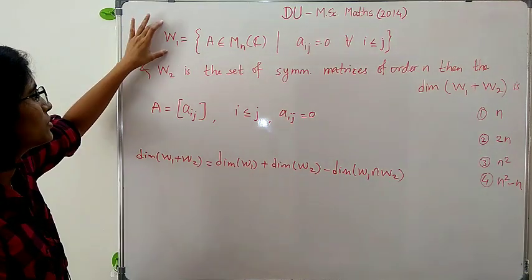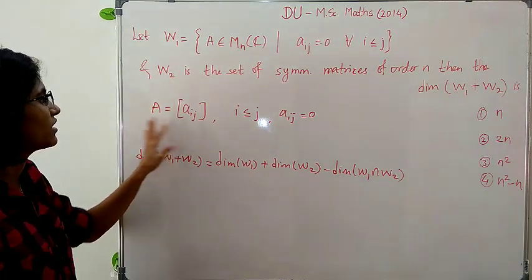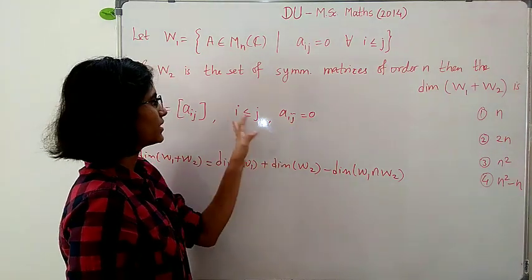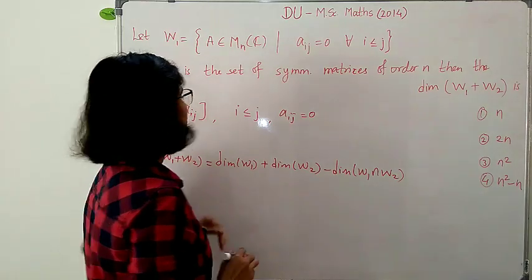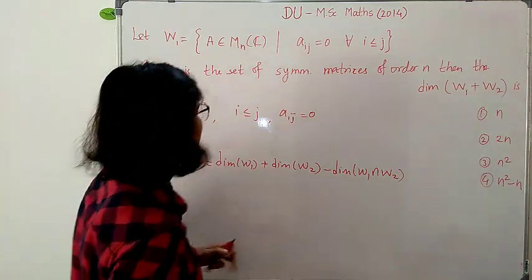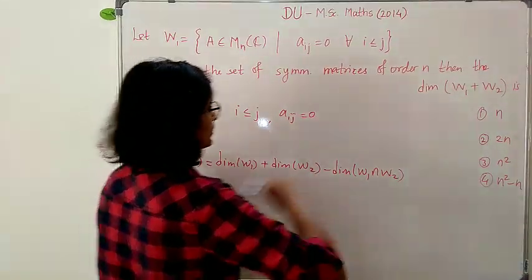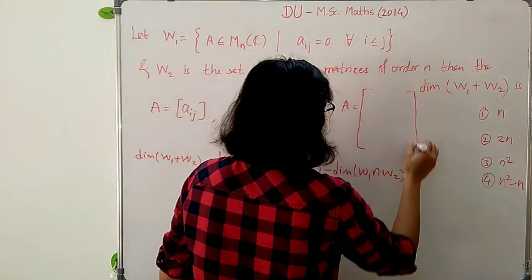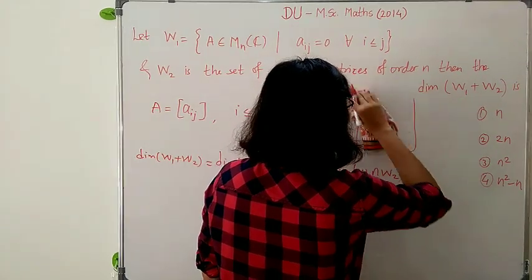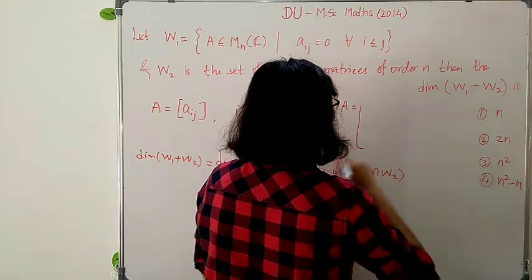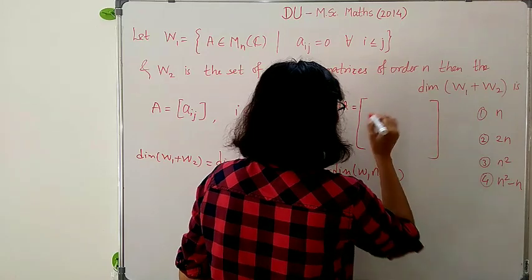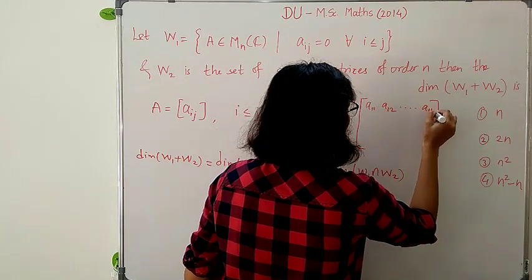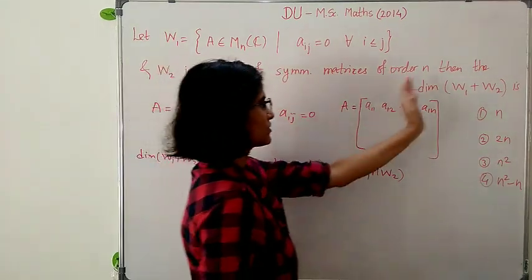Now look at this W1. This is the set of all matrices Aij with these entries, such that entries are 0 whenever i is less than or equal to j. So let me write the matrix here. So we have A equal to, these entries are from C. Let me write here A11, A12 and so on, A1n, the first row.